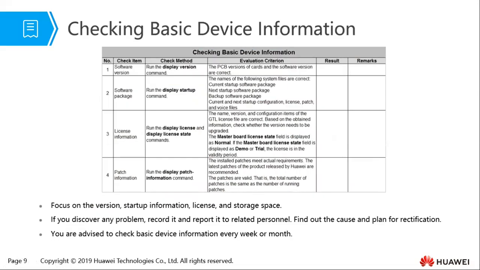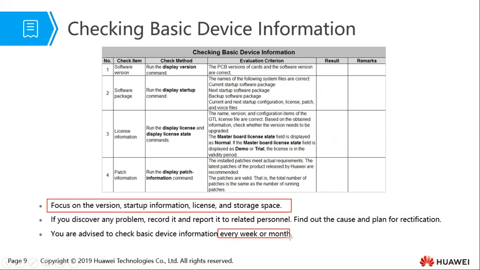Basic device information. With basic device information, we want to really focus on, for example, the version, the startup information, the license, and the storage space. If you discover any problem, you need to record it and report it to the related personnel.